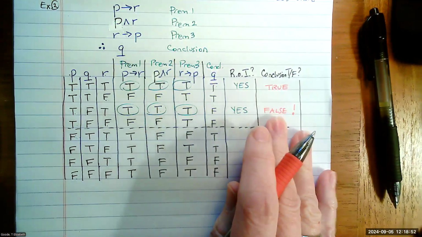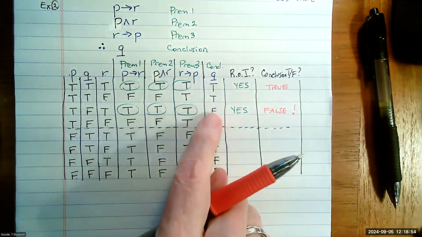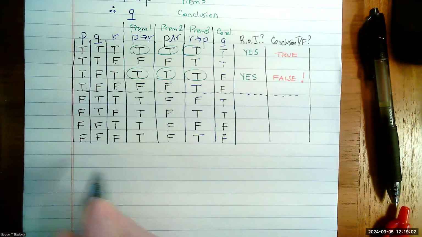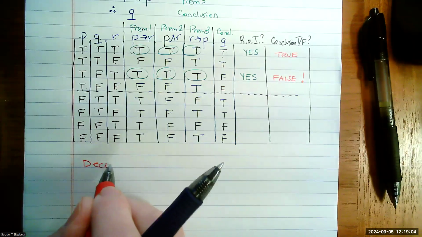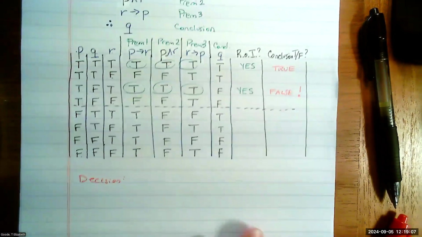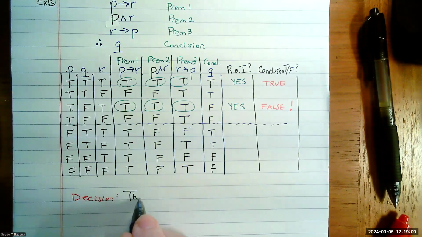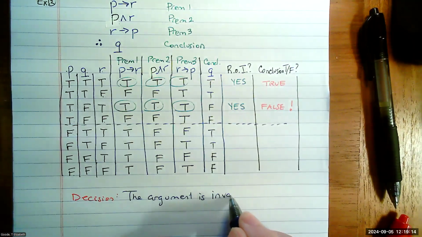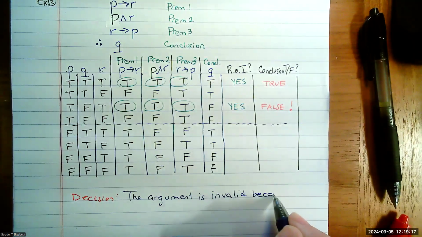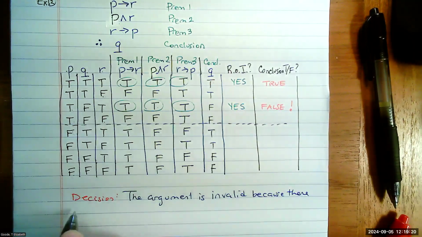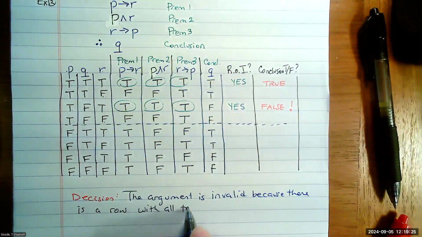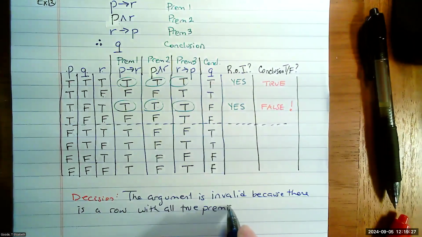That's all it takes, is one row of interest with a false conclusion to render the argument invalid. So here's our decision. Our decision is the argument is invalid, because there is a row with all true premises and a false conclusion.